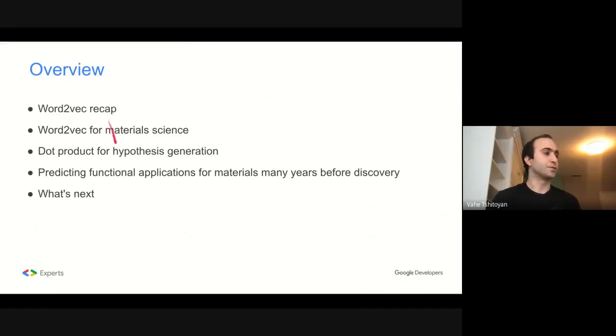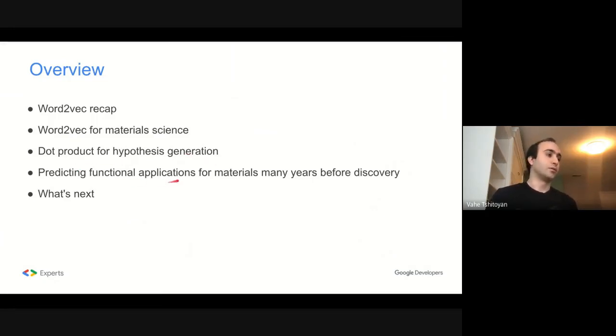Since this is going to be about Word2Vec quite a bit, I'll do a quick Word2Vec recap. Most of you probably already know about this algorithm since it's pretty old by now and pretty famous. Then I'll talk about what happens when you apply this to material science. Then I'll discuss one of the key ideas here, that you can use the dot product, just a vector product, for hypothesis generation.